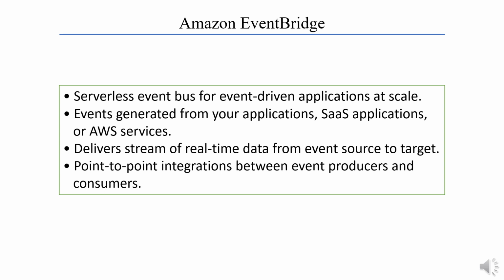Amazon EventBridge allows you to set up routing rules to determine where to send your data to build application architectures that react in real time to your data sources with event publisher and consumer completely decoupled.